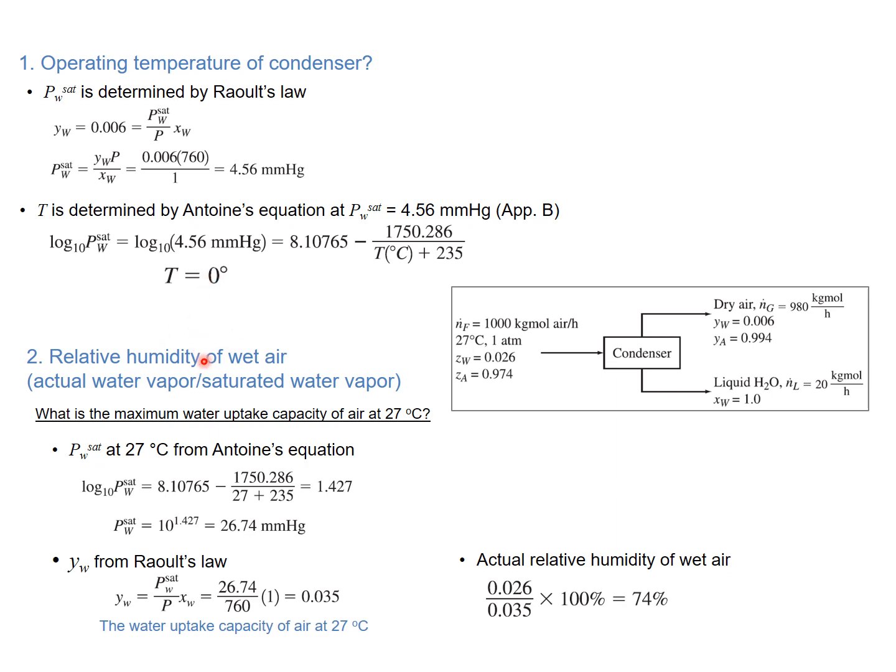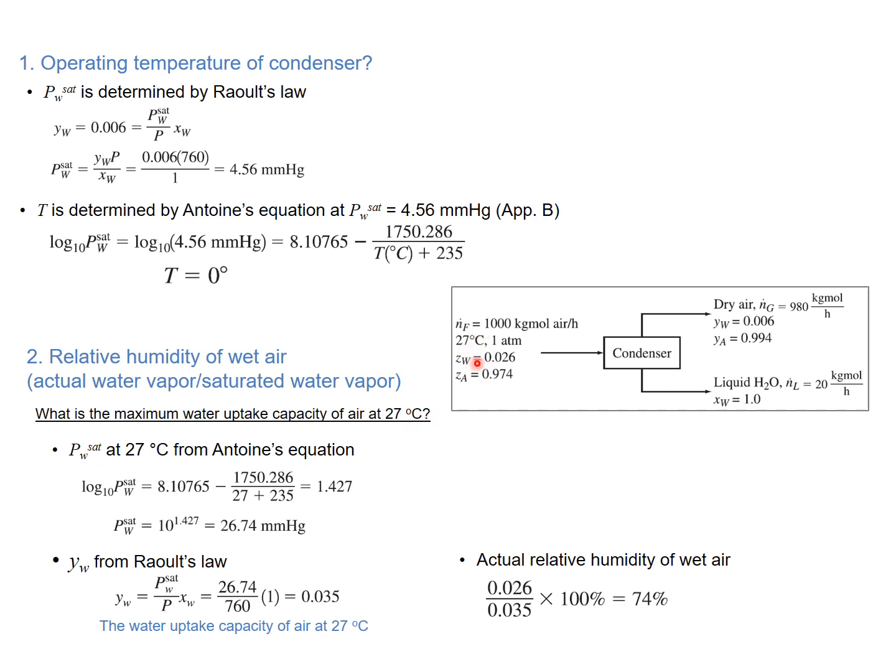The last question is about the relative humidity of the wet air. In the feed stream, we have 0.026 mole fraction of water in air, right? We should calculate the maximum water uptake capacity of air at 27 Celsius degree.